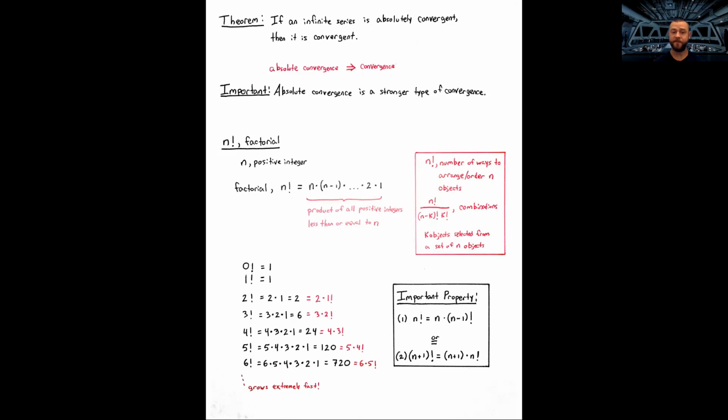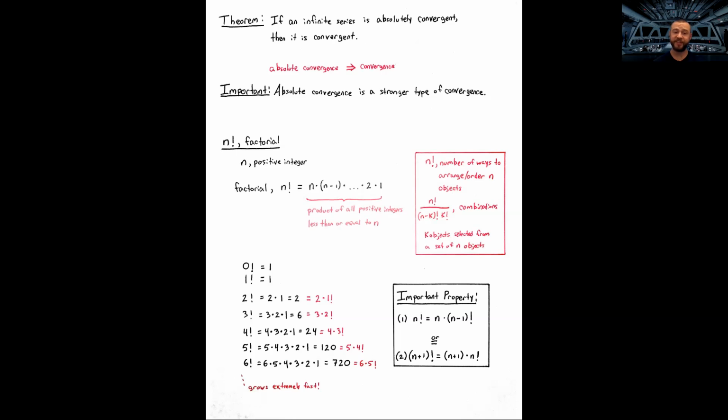If you take a look at 2 factorial, 2 times 1, you can write that as the integer 2 times 1 factorial. If we move on to 3 factorial, notice you can write 3 factorial as the integer 3 times 2 factorial. You can write 4 factorial as the integer 4 times 3 factorial, and then so on and so on.